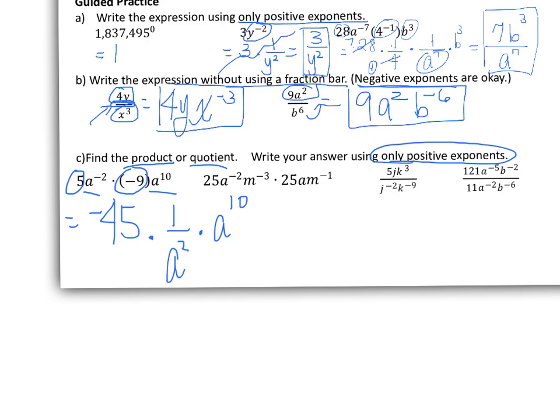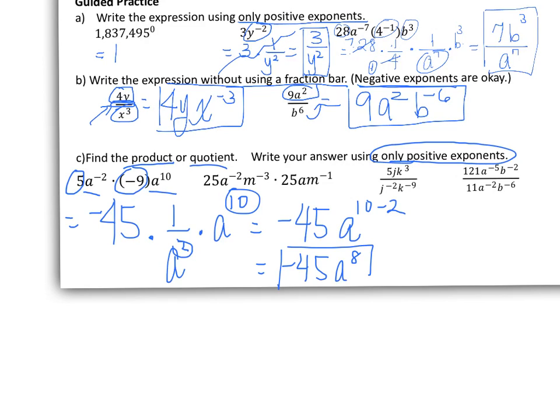Okay, now we have to take 2 and 10, and we need to do some subtraction here. That's your answer. Now there's a quicker way.